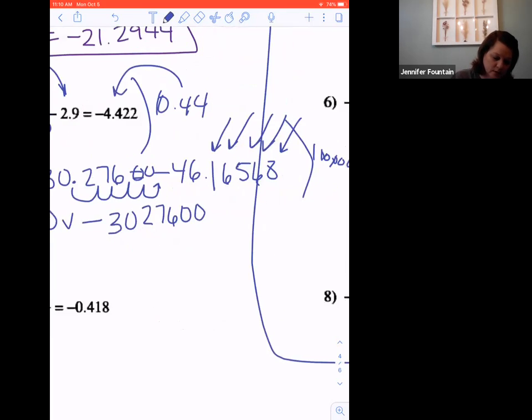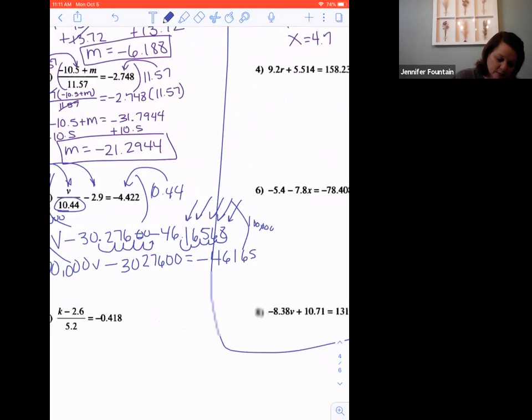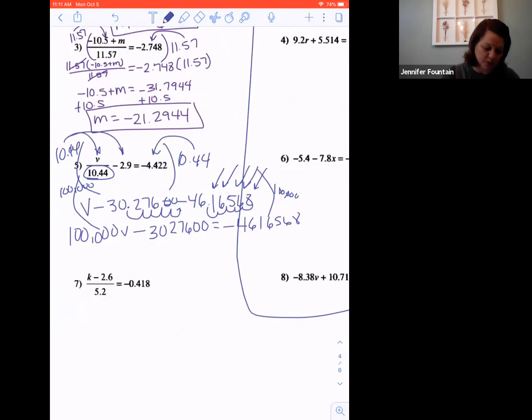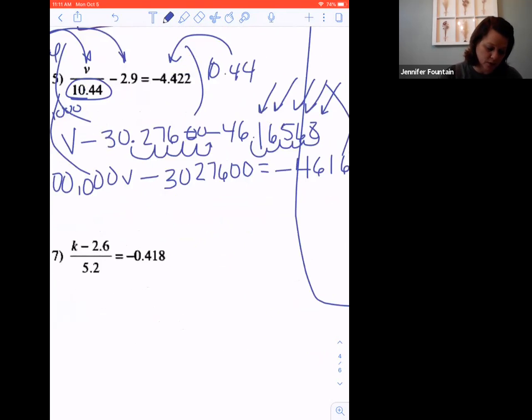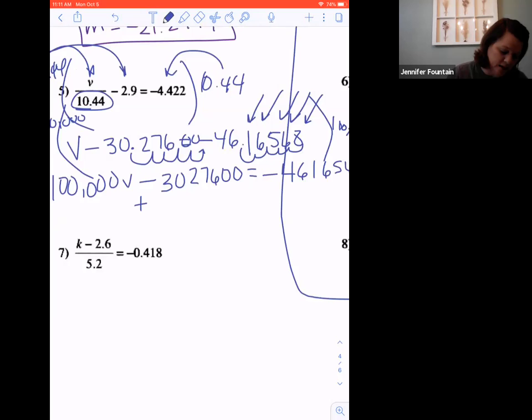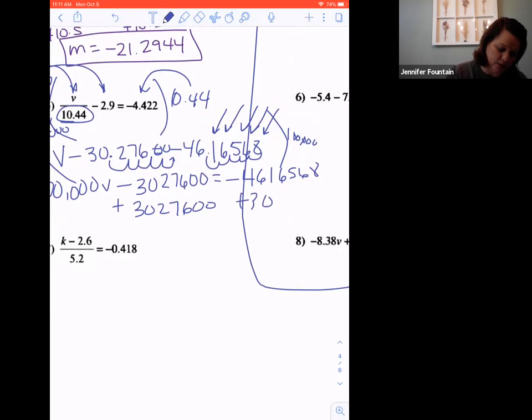3,027,600 equals negative, and this is the 1, 2, 3, 4, 5. So 4,616,568. Dealing with some mighty big numbers here, but they're at least whole numbers. So I would add 3,027,600, add 3,027,600.